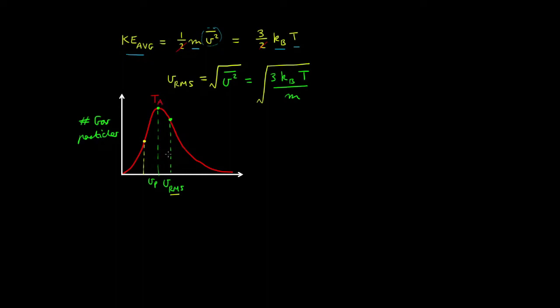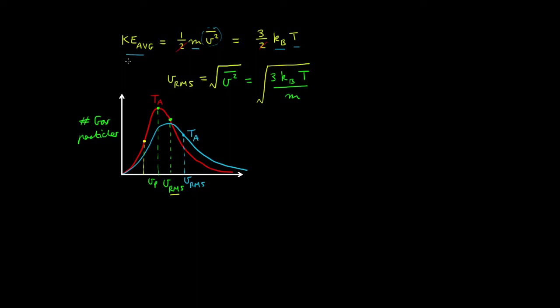Now suppose we have a distribution of the velocities for an ideal gas that looks something like this. Well, in that case, the root mean square velocity is going to be somewhere here. And let's suppose that this velocity distribution is for an ideal gas at a temperature equal to TA.